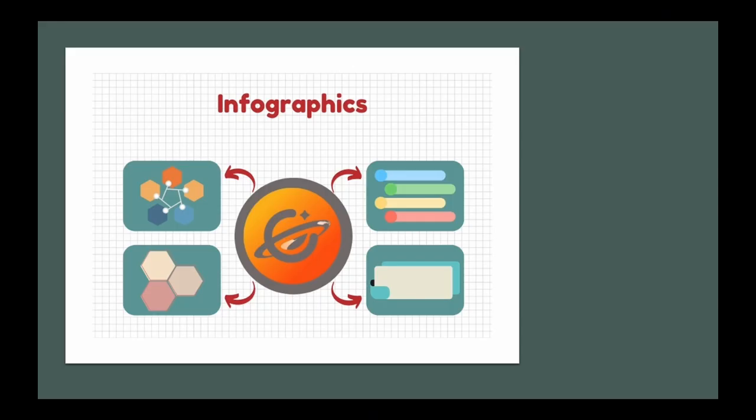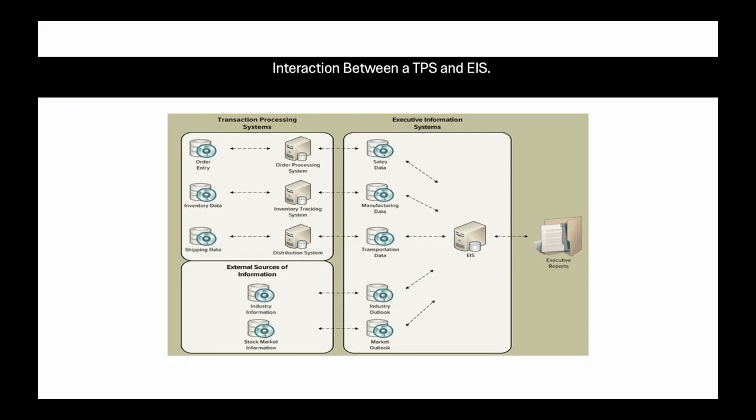This is an example infographic. Now we want to talk about the interaction between a TPS and an EIS. The TPS, as you could see, turns source documents into an order processing system or inventory system and distribution system. But now the difference between the EIS and the DSS is that the EIS also takes external sources of information, meaning industry information, stock market information, unlike the DSS.